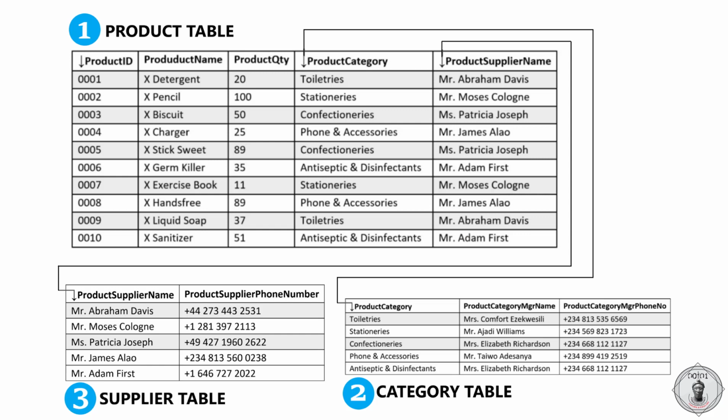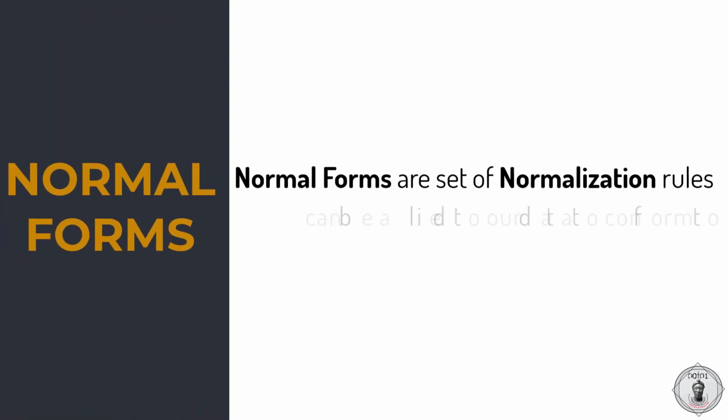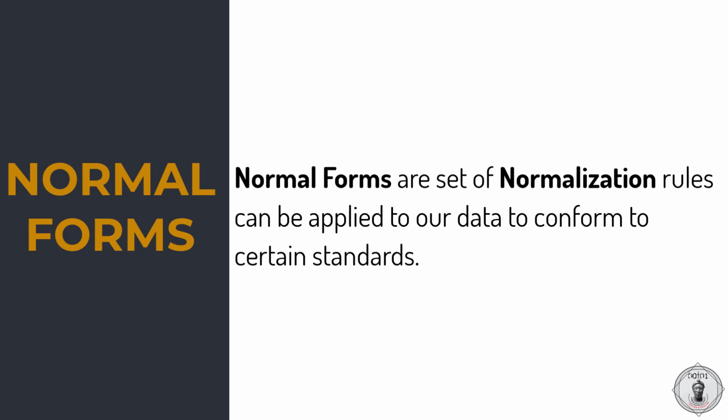Having broken this table into three separate entities, it doesn't mean that we've totally normalized our data. That is just a simple application of what we've learned so far. To learn properly about normalization, we have what we call the normal forms, and these are rules that we apply to our data to conform with certain standards.